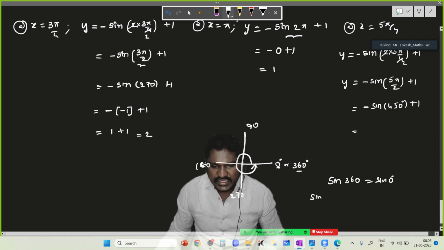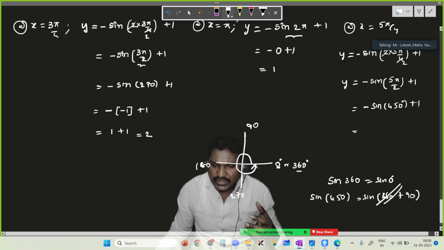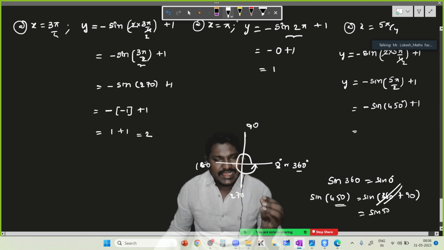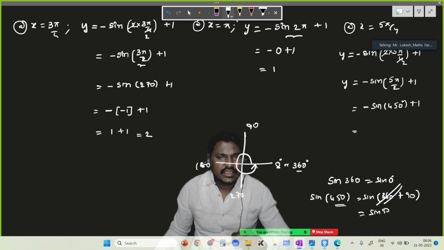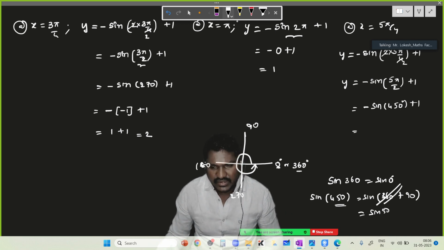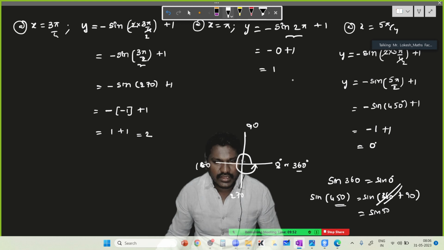In the same way, sine 450 can be written as sine 360 plus 90, and 360 is the same as 0 degrees, so we can directly eliminate it. So the value is sine 90, and the answer is 1. So minus 1 plus 1 is 0. So the function value at 5 pi by 4 is 0.